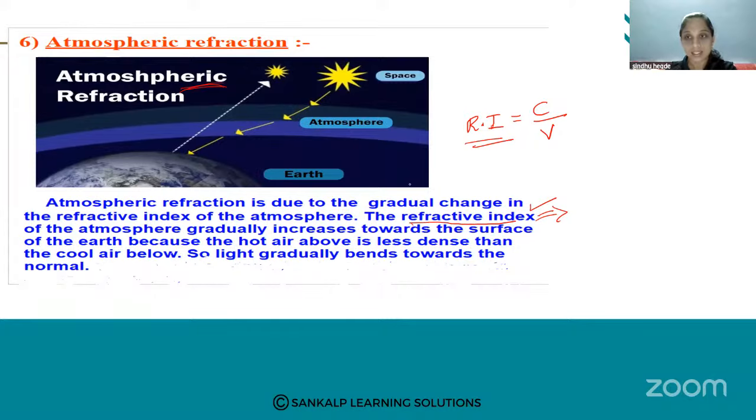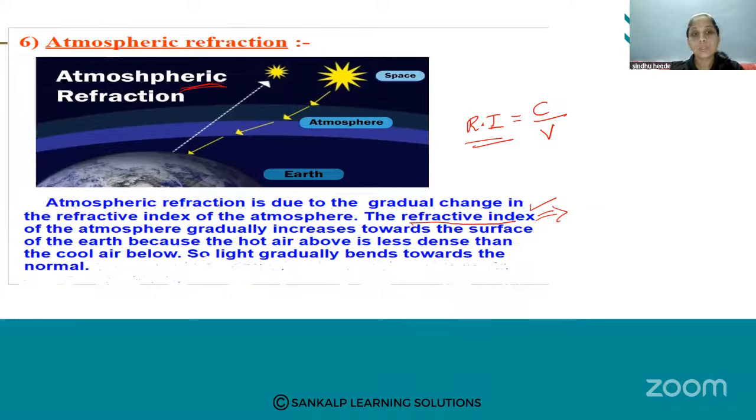Due to these differences, those layers have different refractive indices, so the bending of light through these layers is also different. Because of this, the bending of light takes place continuously and finally it reaches our Earth. So this is called atmospheric refraction.